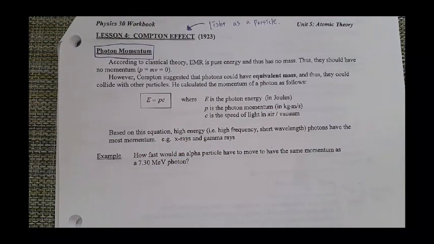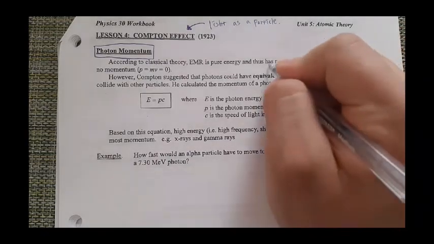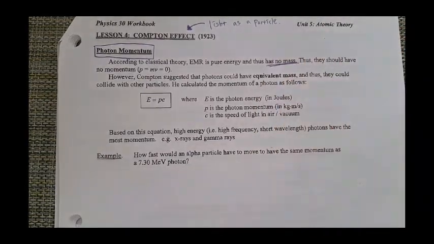According to the classical theory, EMR has zero mass. And even now, which we're going to talk about more in the quantum mechanics situation at a later section of this Unit C, it is on the right track.